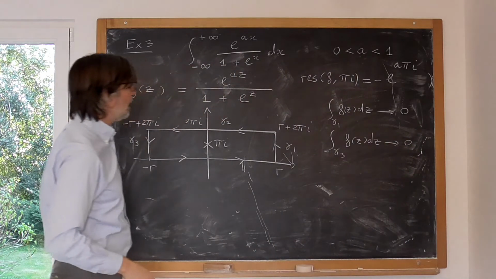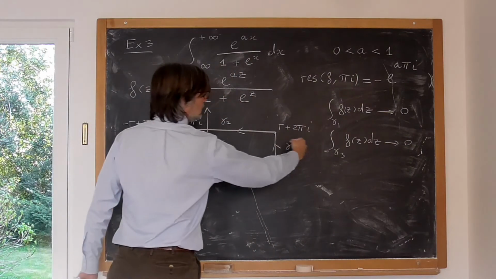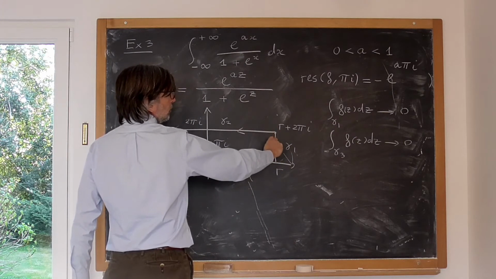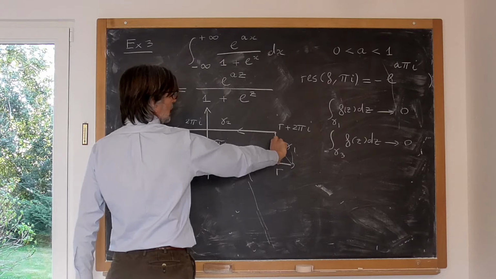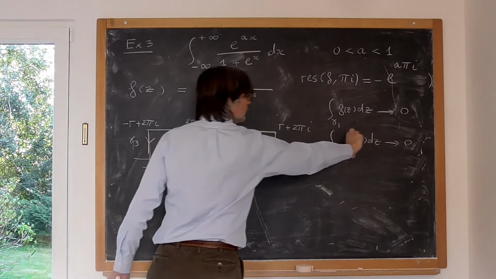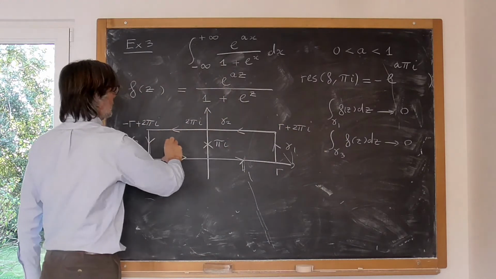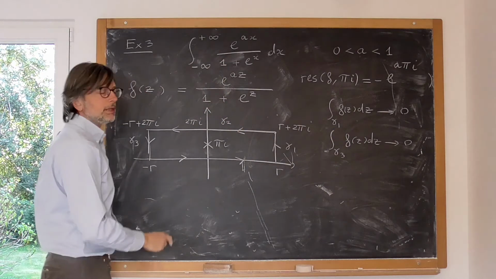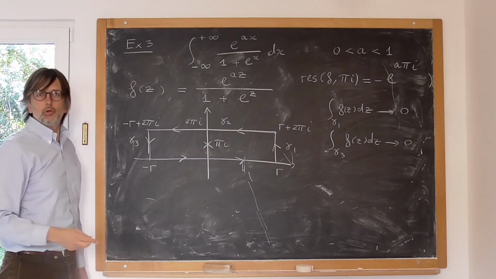After all, these are just integrals on paths whose length remains bounded. The length is 2pi. Because when r goes to infinity, this rectangle becomes longer and longer, but the height remains 2pi.